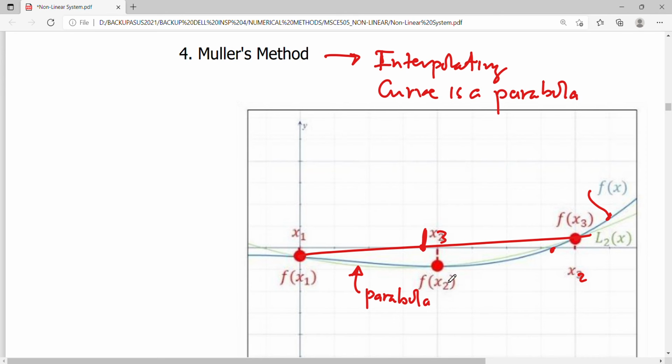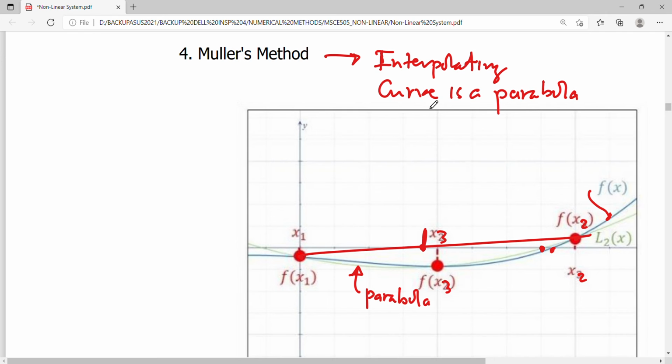Layo. Pero pag ang ginamit mo is a parabolic curve that interpolates the function itself, you will end up very, very near here.